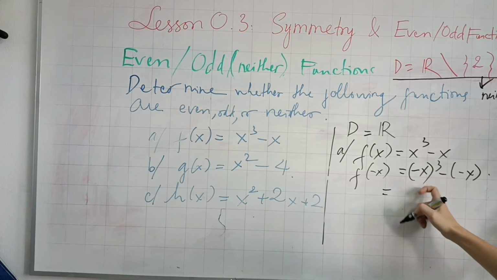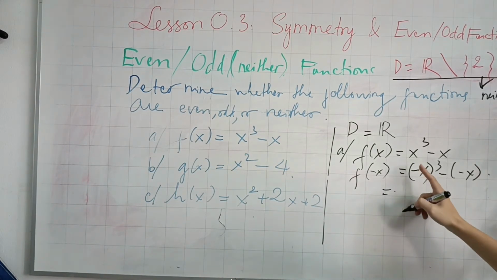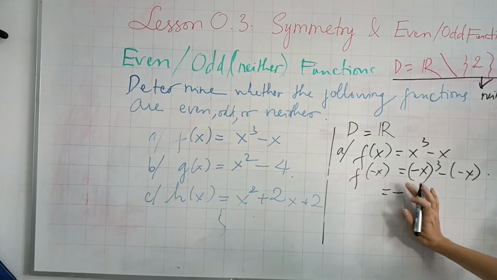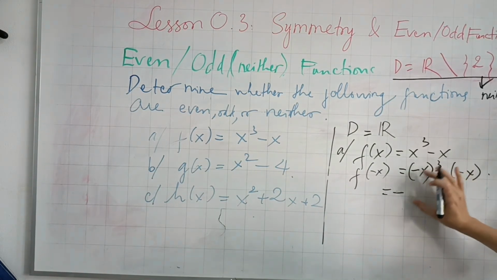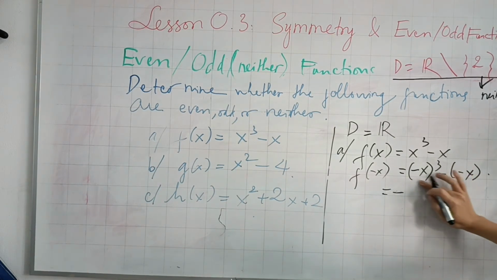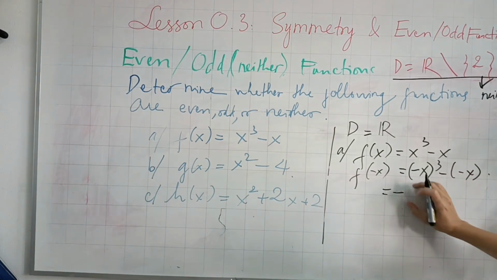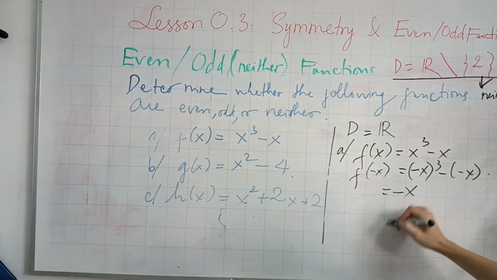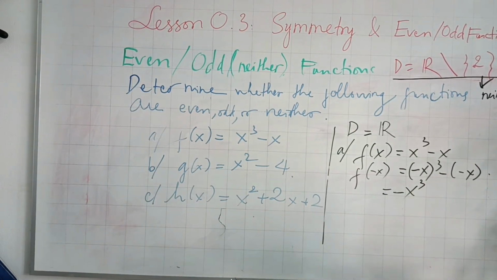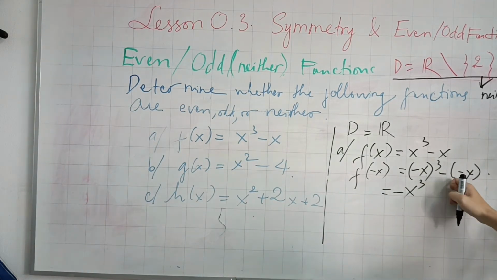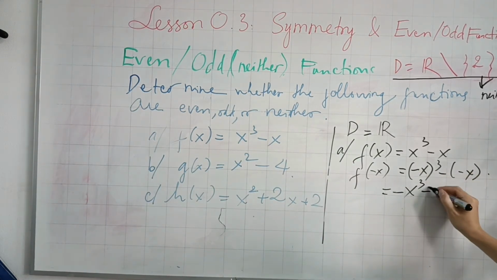So it is negative cubed. It is negative. Negative with the exponent an odd number, you must remain the negative sign. Negative minus negative x is plus x.